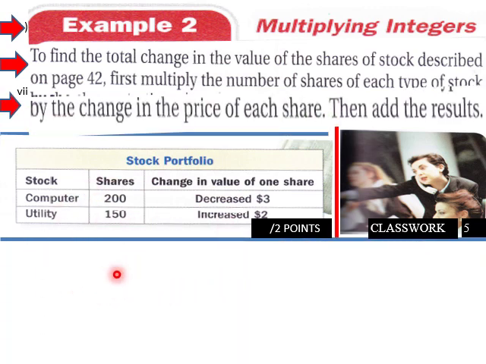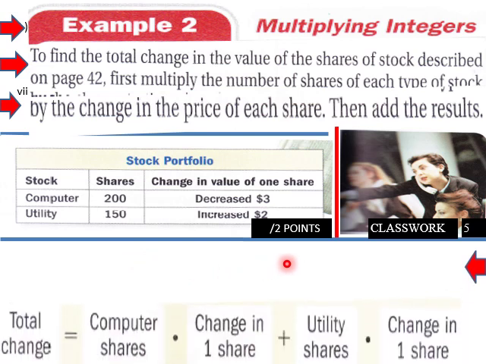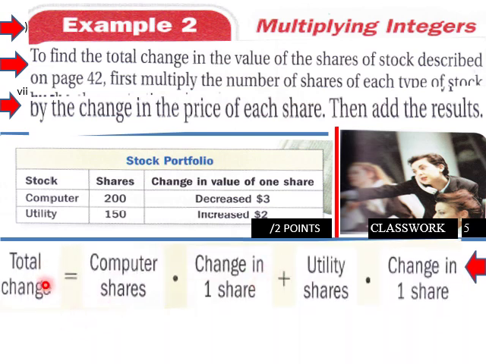So here is our verbal model. We have 200 shares, and our change here is decreased by 3, being negative 3, plus 150, increase times 2. So this would be positive, this would be negative.